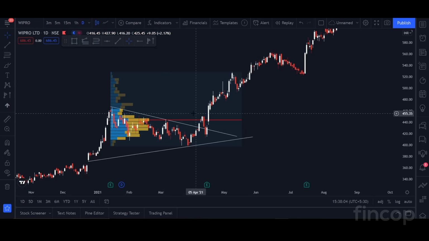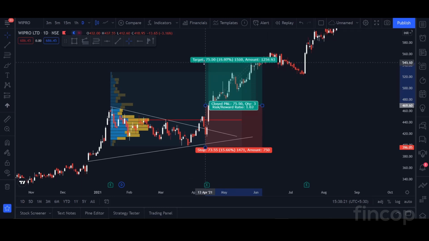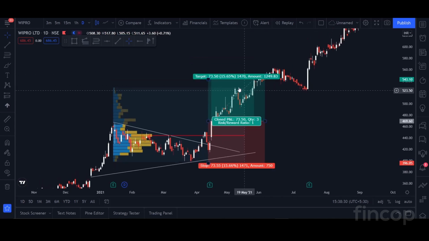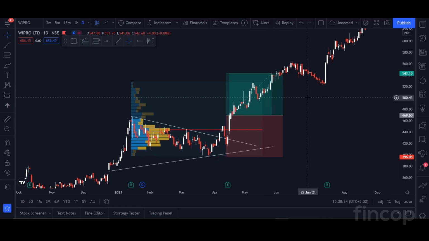So for example, if this line has been broken and the candle closes above, and you take a long position here, and you keep your stop loss just beneath this level, and you're planning for a 1:1 risk reward. So within 2 weeks you get a 1:1 risk reward, and that is an absolutely brilliant trade.